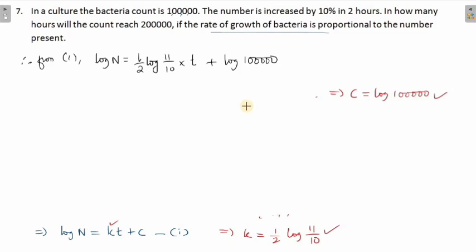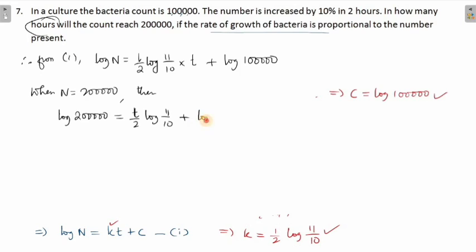Now the question is asking in how many hours, that is, what is the value of t if n is 2 lakhs. So when n is 2 lakhs, let's see what we get. It becomes log 2 lakhs is equal to t by 2 log 11 by 10 plus log 1 lakh.